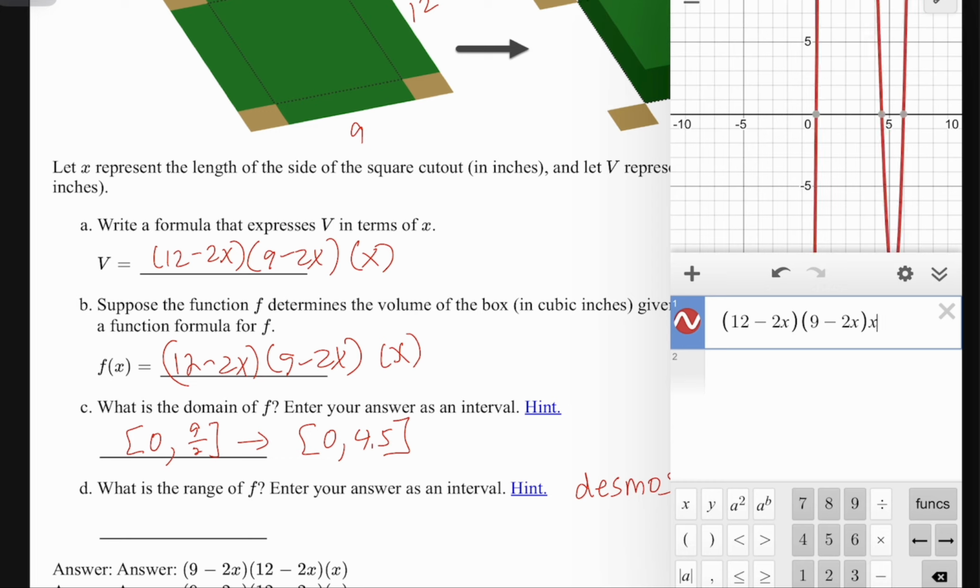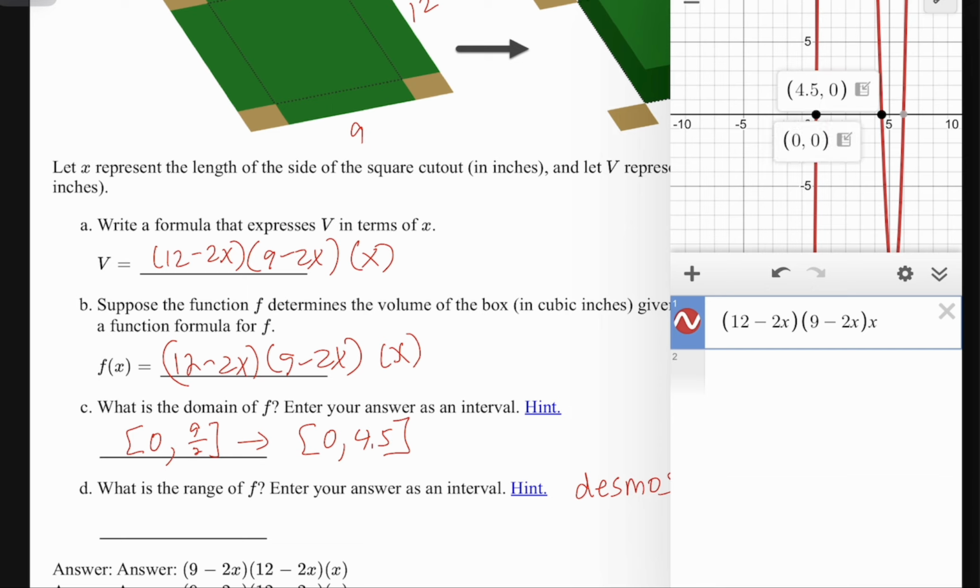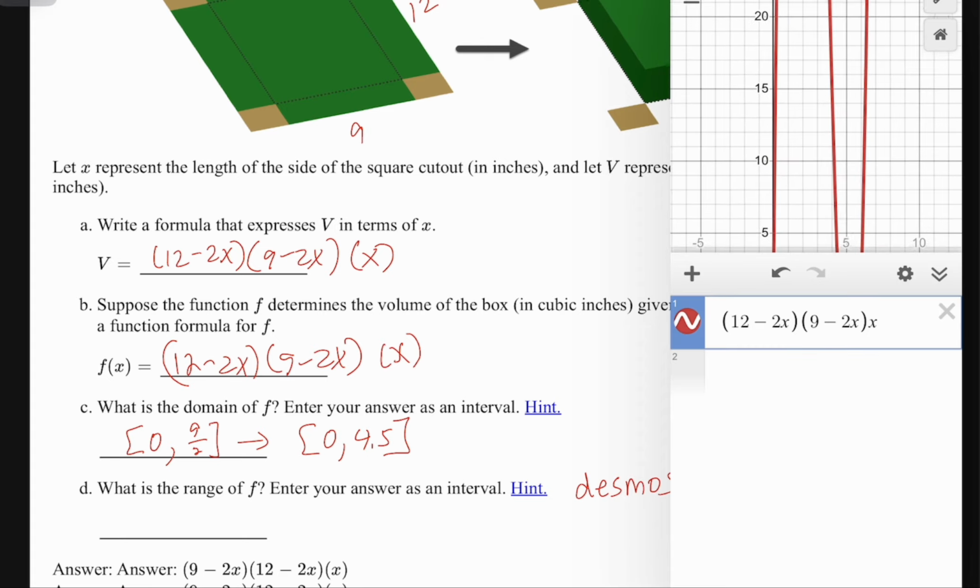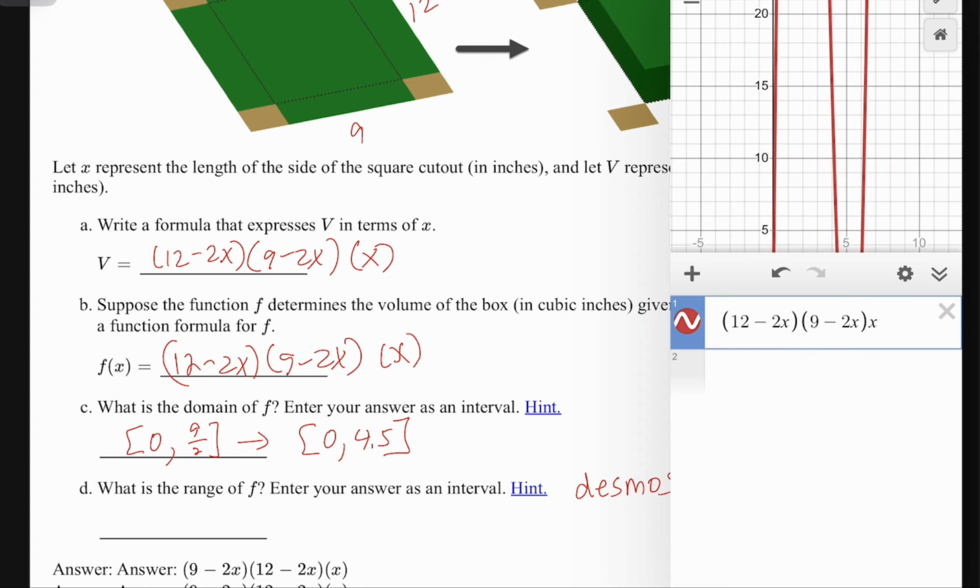Okay. Now you can tell it that we only want values between 0 and 4.5. Now you don't have to do this portion, but what it does is it does narrow it down for you. But remember, we only care about values between 0 and 4.5. So we really only want this bump.